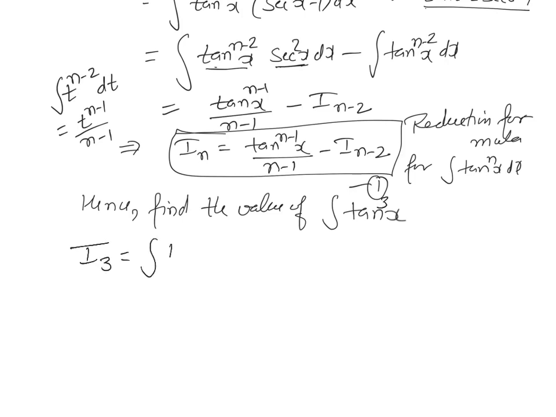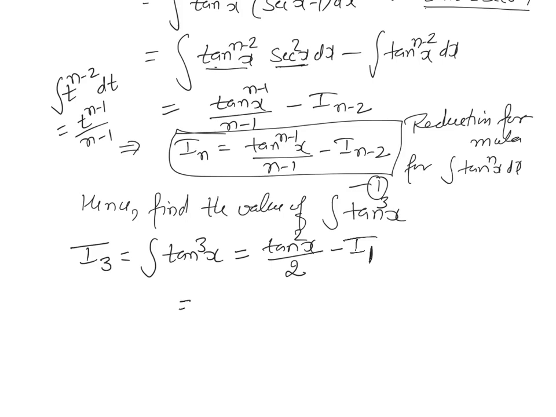Using equation number 1, if we put n equal to 3, this will be tan square x divided by 3 minus 1, which is 2, minus, and again 3 minus 2, it will be I1.